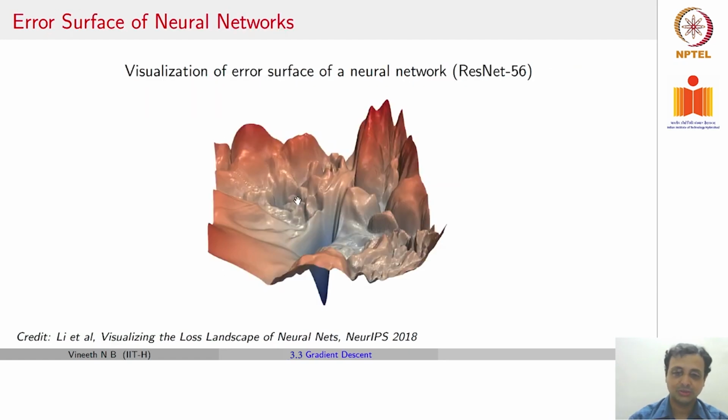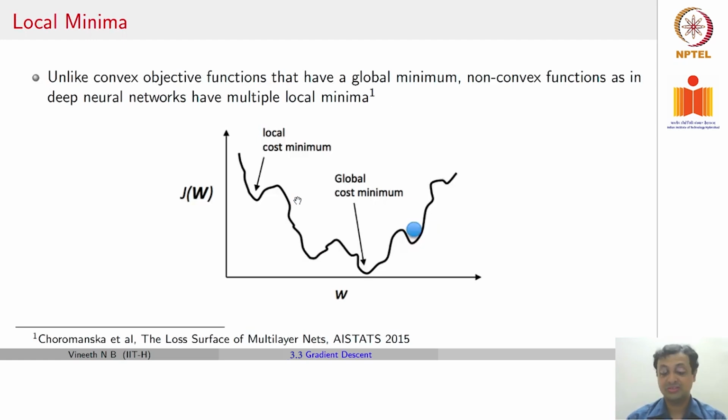While we saw one such visualization in the previous slide, it's not possible to understand where your initialization could be or where the actual local minima could be and so on and so forth in a very high dimensional space. While there have been such efforts to visualize these error surfaces, it's not good enough for us to use that for visualizing and training directly. Which means training to find a suitable local minima is still an important challenge here.